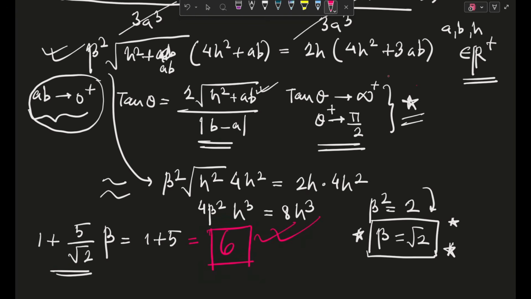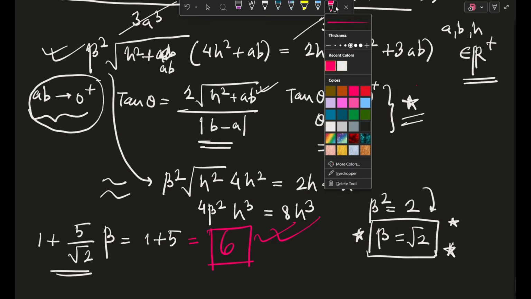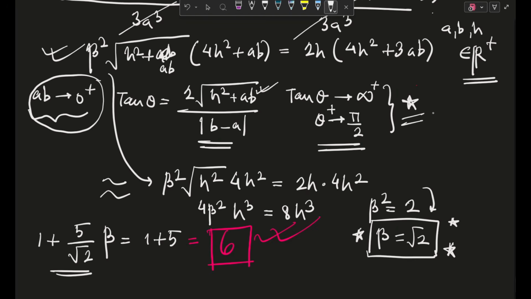Guys, this was, I would say, the most intelligent area under the curves question I have seen in a while. The most intelligent. This question is absolutely insane. You can solve your normal area under the curves questions.